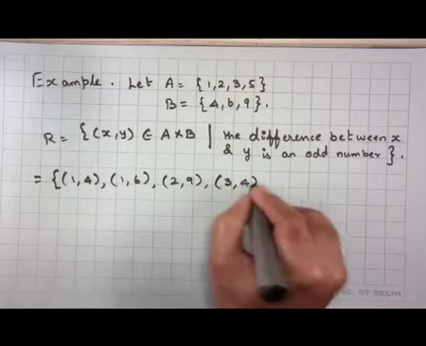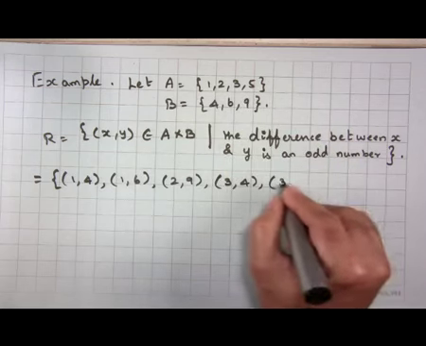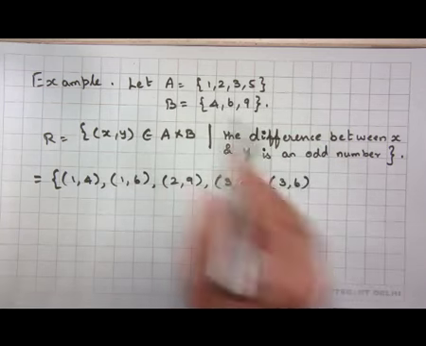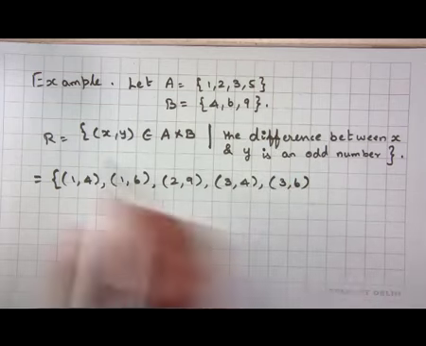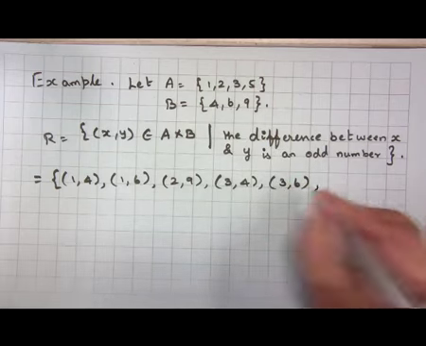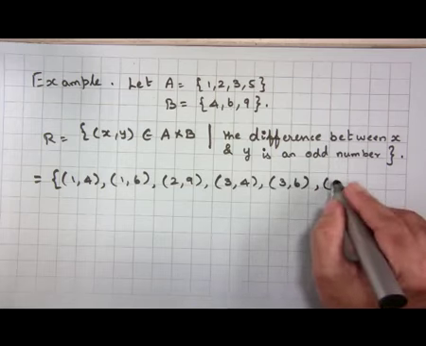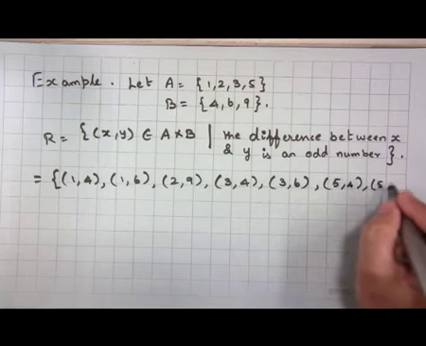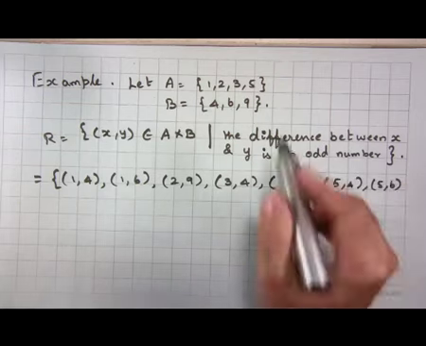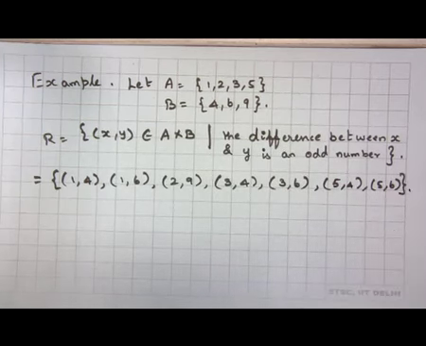So, we will have this. (3, 6), the difference is 3. (3, 9), the difference is 6, which is an even number, therefore, cannot be part of R. And then (5, 4), the difference is 1, (5, 6), the difference is 1, while (5, 9), the difference is 4 and cannot be part of R.